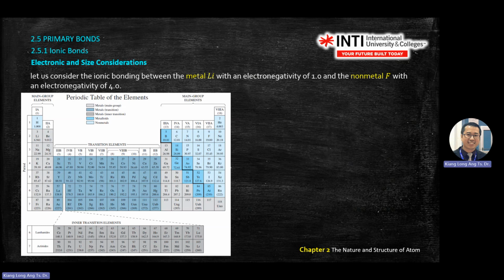Take one example, metal lithium, Li, mixed with a non-metal on the same period, principal number 2. So you have Li with an electronegativity of 1, and the non-metal with electronegativity of 4. How do you get 4? There is a chart for that.